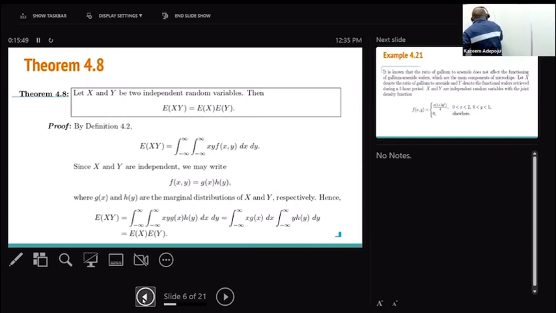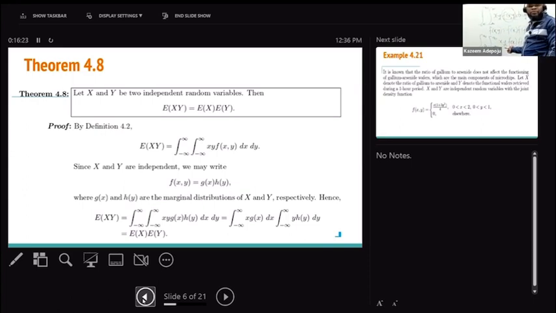The integral from negative infinity to infinity, negative infinity to infinity, of x y f of x, y dx dy. If X and Y are independent, f of x, y will be equal to f of x times f of y. So this is now just f of x, f of y, dx dy.